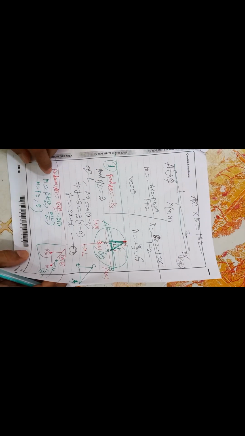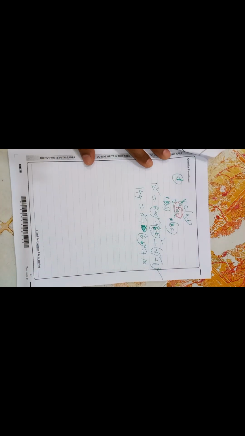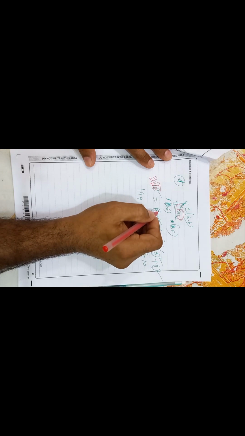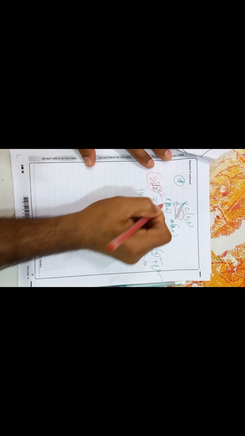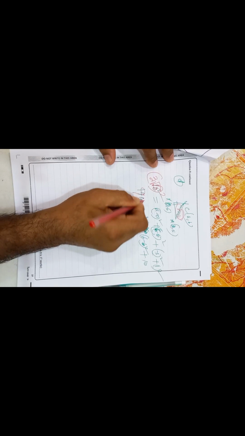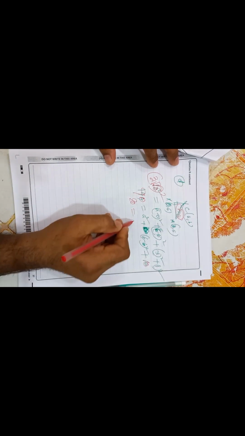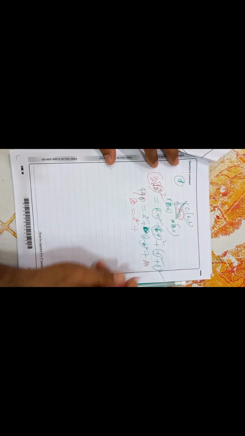The length of the diameter AB is 3 root 10, so it is not 12. The radius is 3 root 10, so 3 root 10 whole squared. By calculating, 3 root 10 squared gives 90. So subtract 10: 90 minus 10 is 80, equals a squared plus (6 minus b) whole squared.